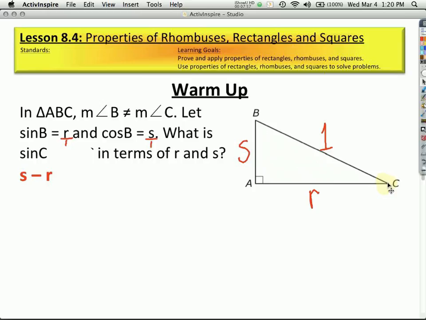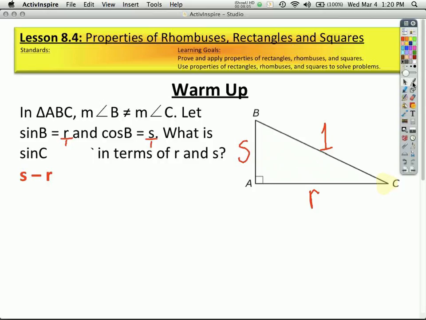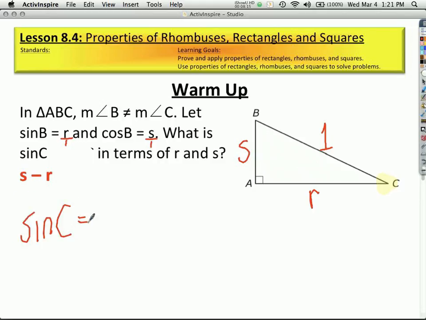Sine is still opposite over hypotenuse. But now our perspective has changed, and so opposite over hypotenuse. So the sine of C must be opposite over hypotenuse, so it's going to be S over 1.